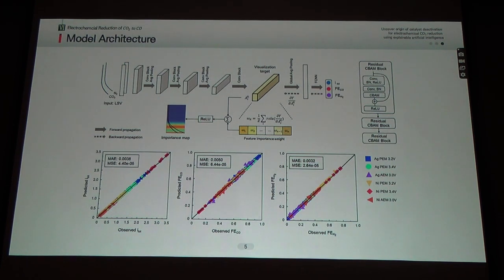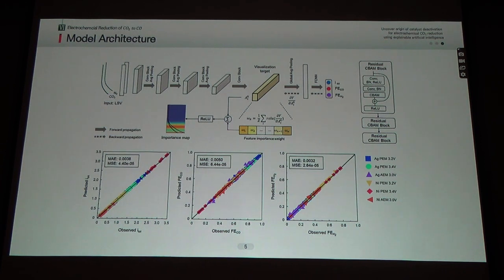By implementing this, we can see what or where information becomes important in the LSV curve, and we can improve the prediction. And this is our prediction result. As you can see, we have promising prediction for the electrochemical cell, especially for the Faraday efficiency of the hydrogen and CO, and the total current.